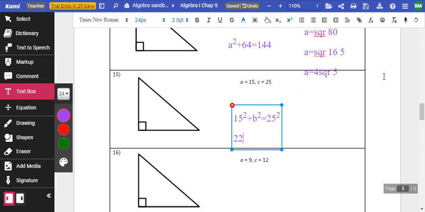So we've got 225 plus b squared equals 25 squared, which gives us 625.